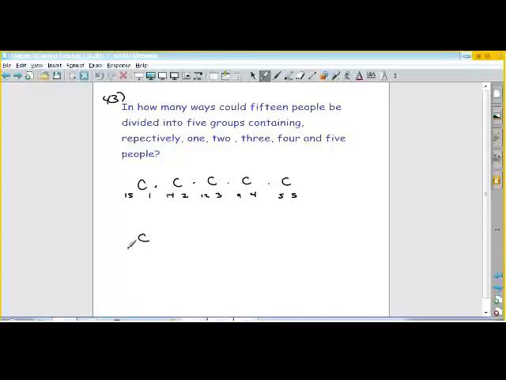Now, you could go the other direction. So what you could do is pick 5 people out of the 15 instead of 1 person. That would leave 10 people left. Then you would choose 4 out of those 10 people for a group. That would leave 6 people left, and you could choose 3 people out of those.